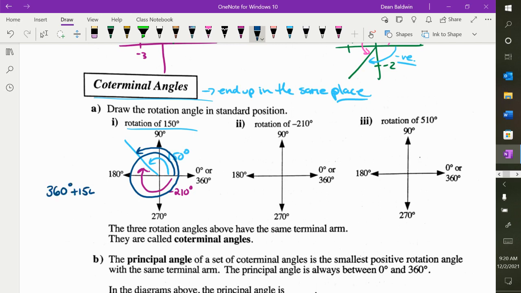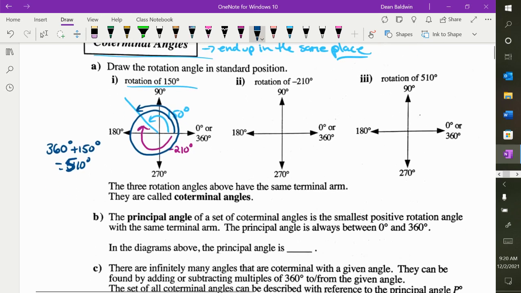360 plus 150, which is 510 degrees. And then you can keep going around. These 510, negative 210, and 150 are called coterminal angles because you end up in the same spot.